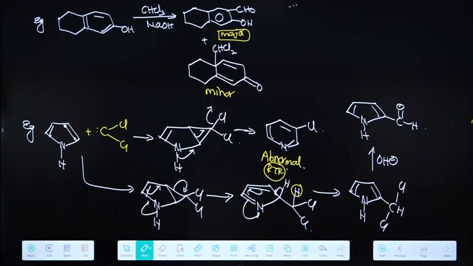In the reaction intermediates, this mechanism is already given. Carbene intermediate, ring expansion with 5-membered.